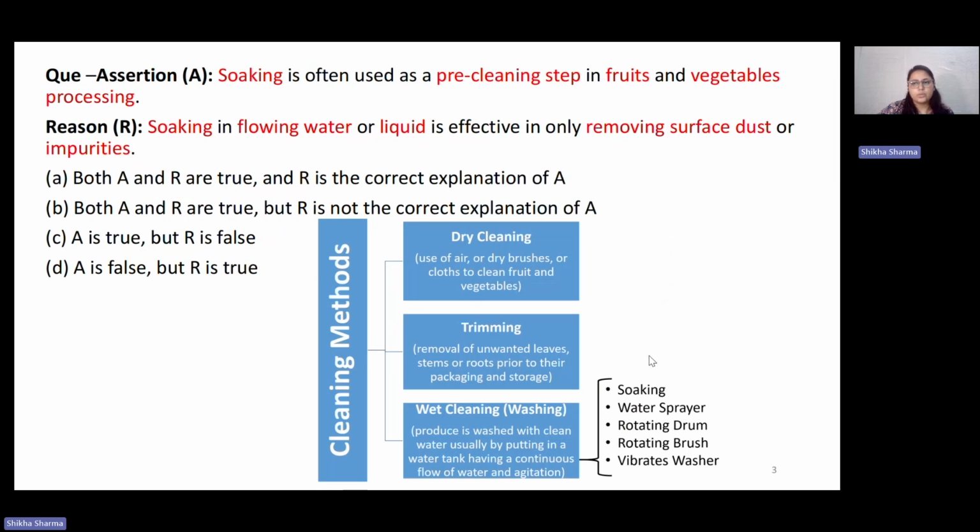This is question 1 for today. This question is regarding the cleaning methods.